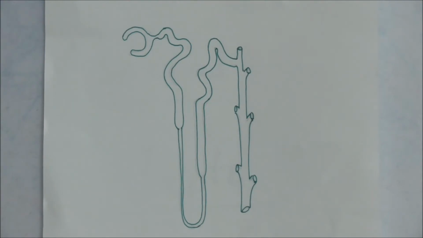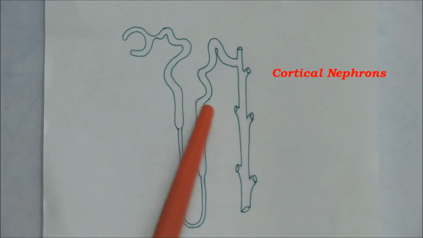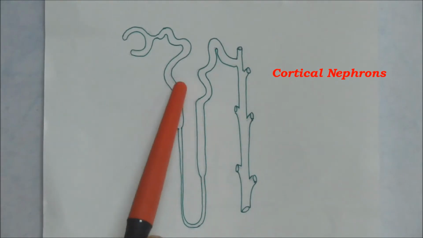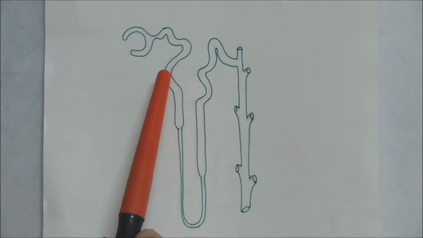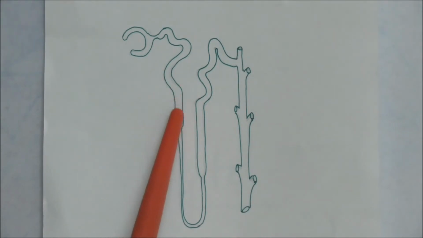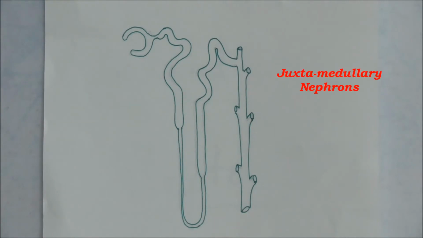Such nephrons are called cortical nephrons, whereas there are some in which most of this coiled part is in between the cortex and the medulla, that is, the majority of the Henle's loop is embedded in the medullary region or in the pyramids. These are called juxtamedullary nephrons.